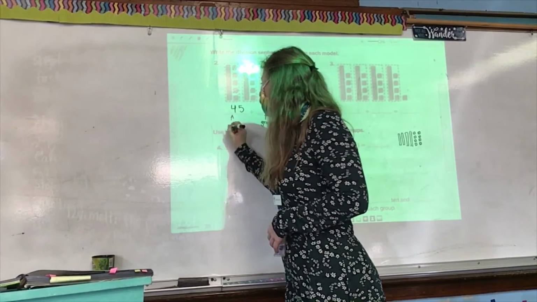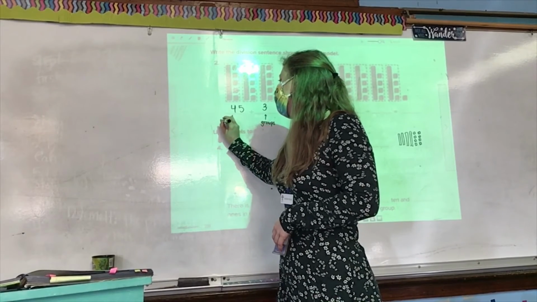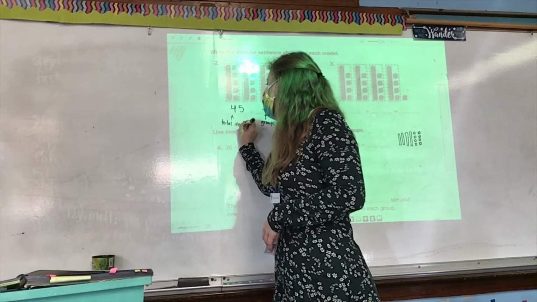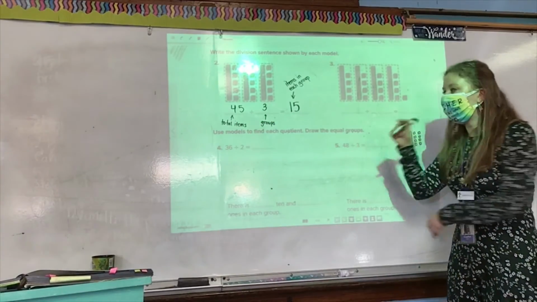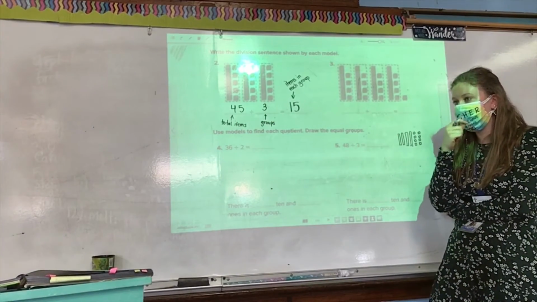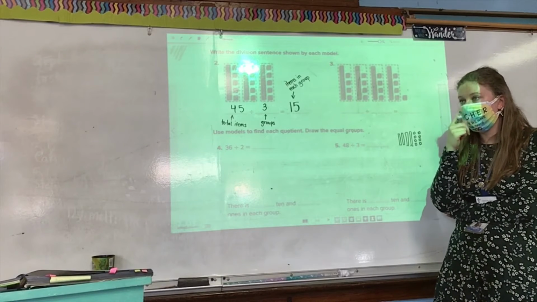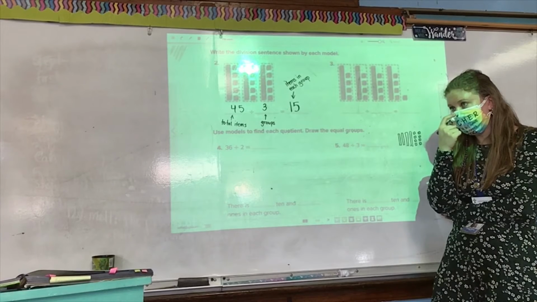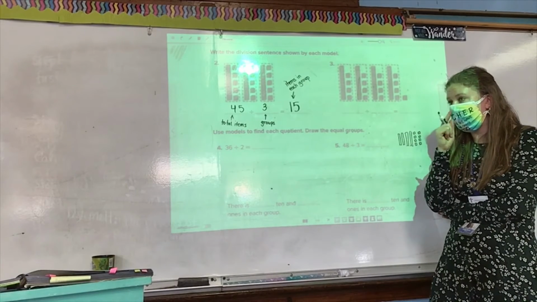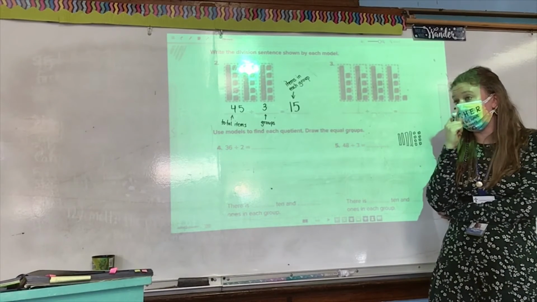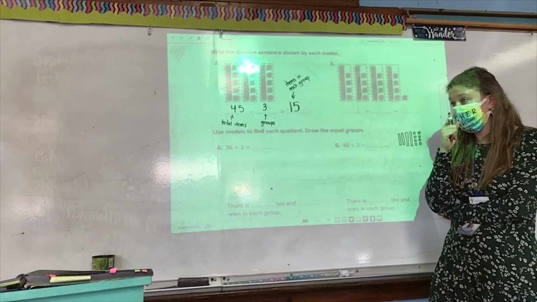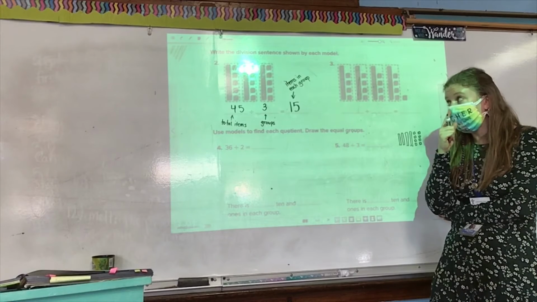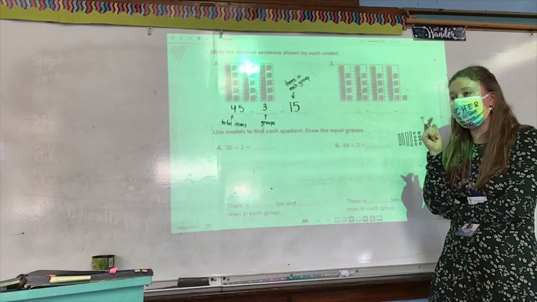Remember, for number 2, the dividend is the total items. Aaron, there is literally a place right above this that you can look to see what the divisor tells you if you follow directions.